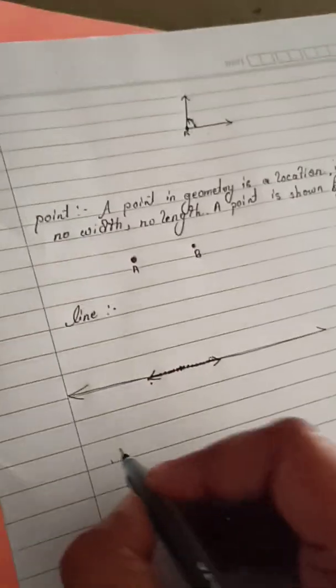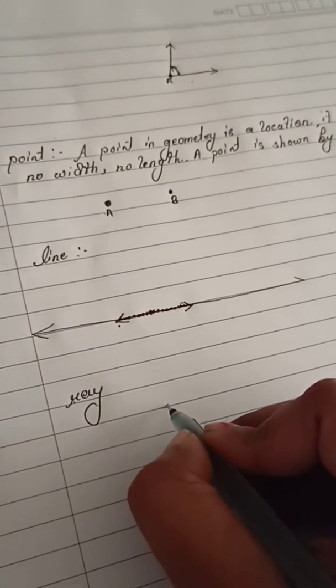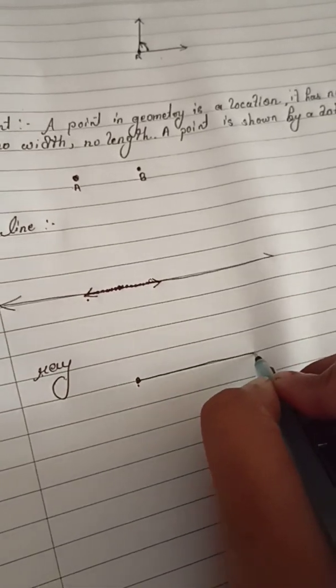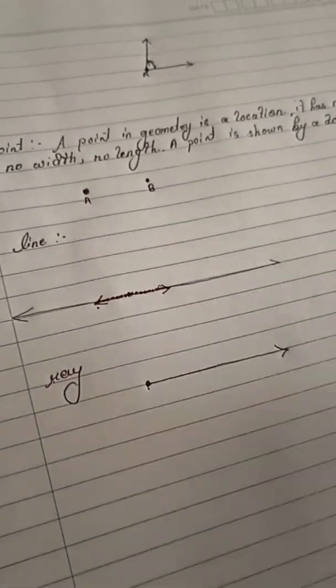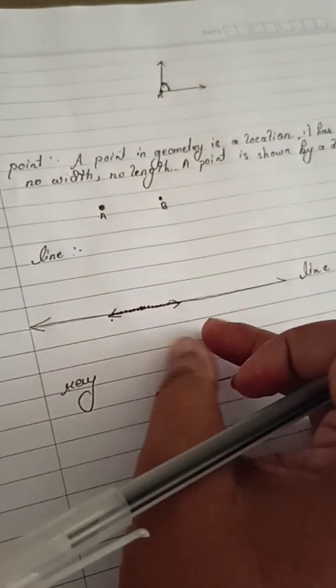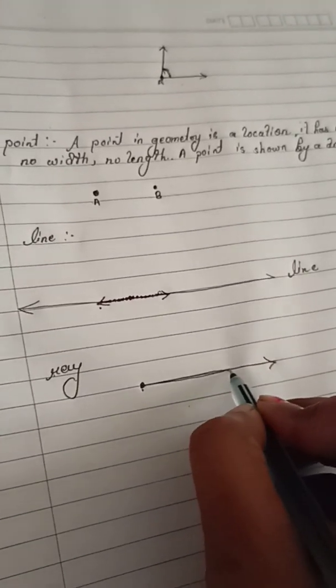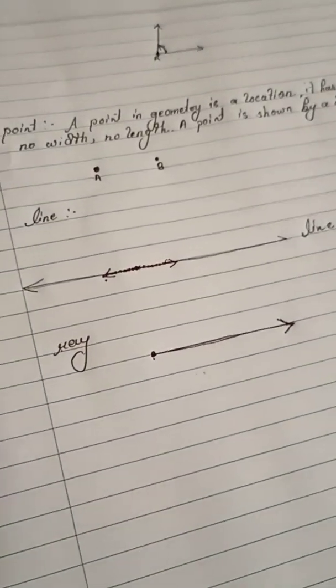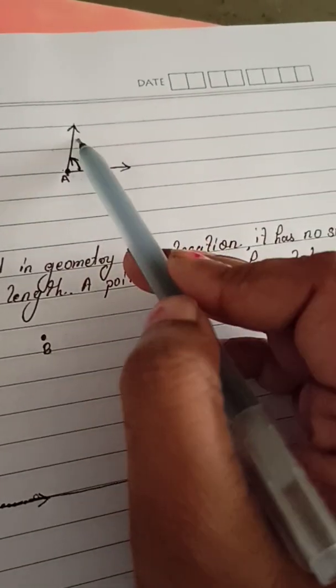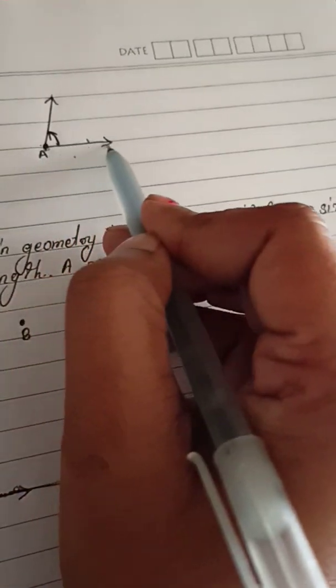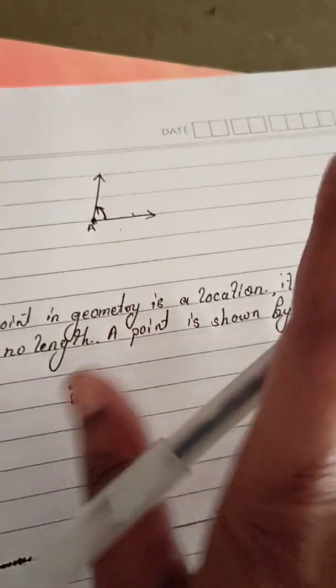But if we talk about a ray, it will start with a point, but it will increase in only one direction. Clear? This is a line which is increasing in both directions, but a ray increases in only one direction. And only a ray is used for making an angle, because it can increase in only one direction.